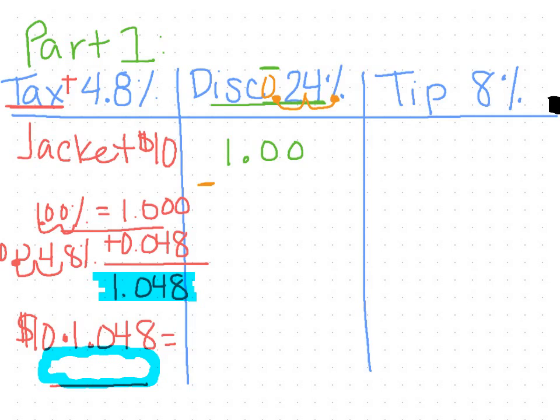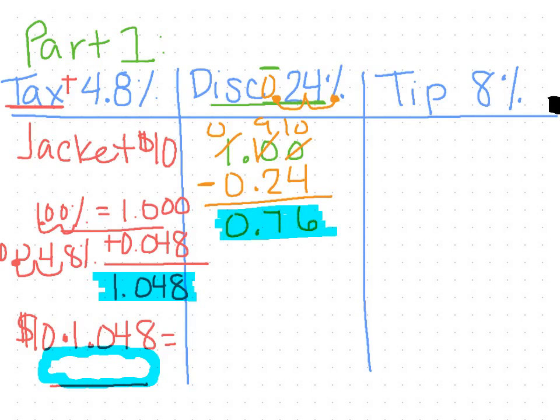So discount, takeaway problem, take away 0.24, and we are going to subtract. 10 minus 4 is 6, 9 minus 2 is 7. And our final answer will be 0.76. For this problem, we would take the price of our item, multiply it by 0.76, and that would be our answer. And we would expect our answer to be less than the original price because our item is on sale.